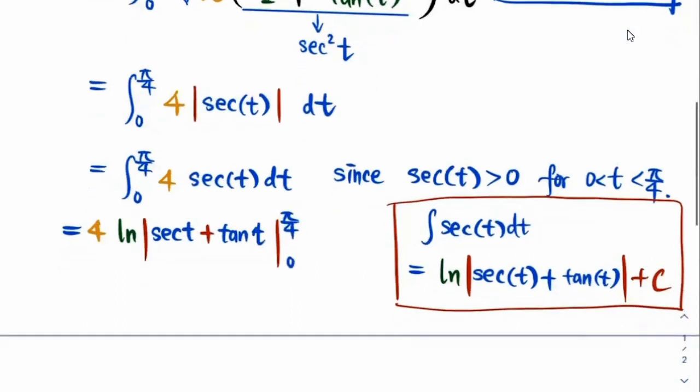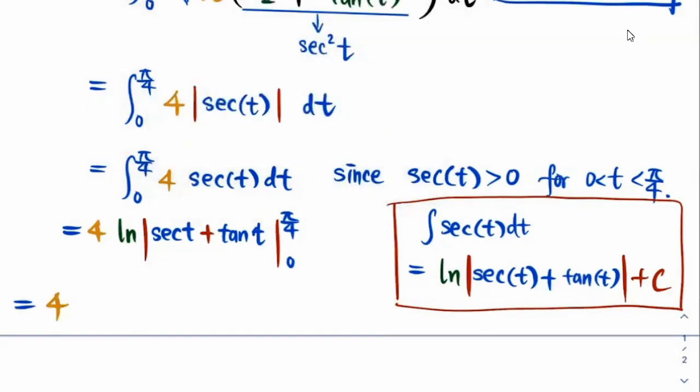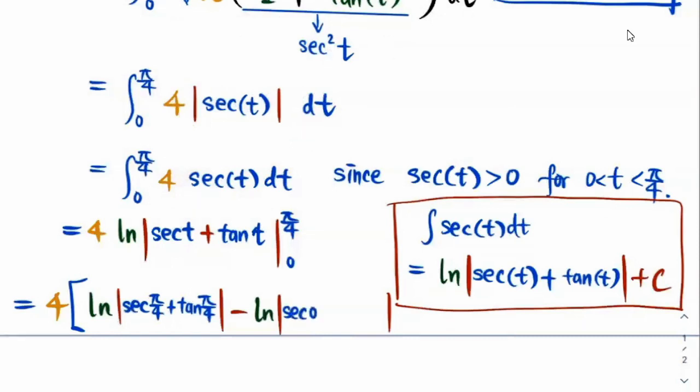Now all we have to do is just substitute and evaluate. Let's just do that. So we have 4, and let's leave the 4 outside. So we have ln of secant of pi over 4 plus tangent of pi over 4, and I'm subtracting ln of secant of 0 plus tangent of 0.